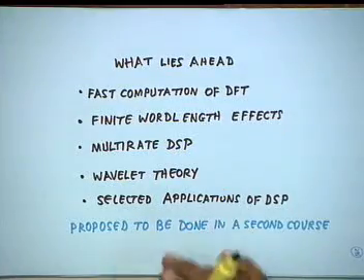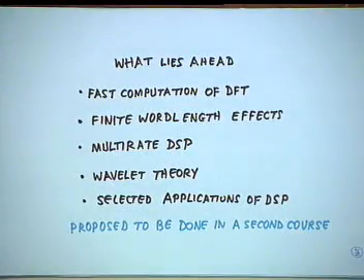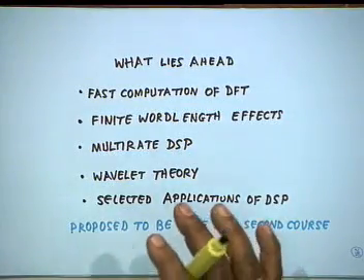What we propose to do in the next course, as and when it is offered, is we will start with the computation of DFT, that is we will do FFT and also number theoretic transforms, which offer a better means of speeding up the computation of DFT. There is also a technique called WFT, Winograd Fourier transform. Winograd gave an algorithm which is still better.